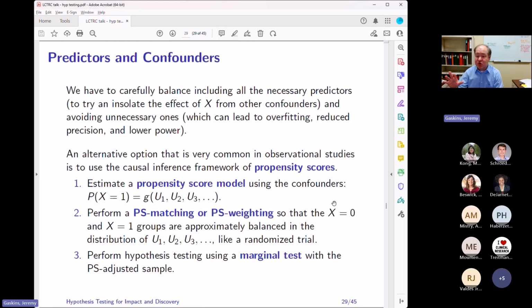And then I'm going to use some sort of reweighting or matching approach so that I have a revised cohort such that the group of patients that are untreated or in my control group are similar to the group of patients in my treatment group on these sets of confounders. That way I've got balance in my other predictors, and so I can just use a marginal test, because we have adjusted for the effects of these different predictors through our propensity score weighting rather than through a regression model.